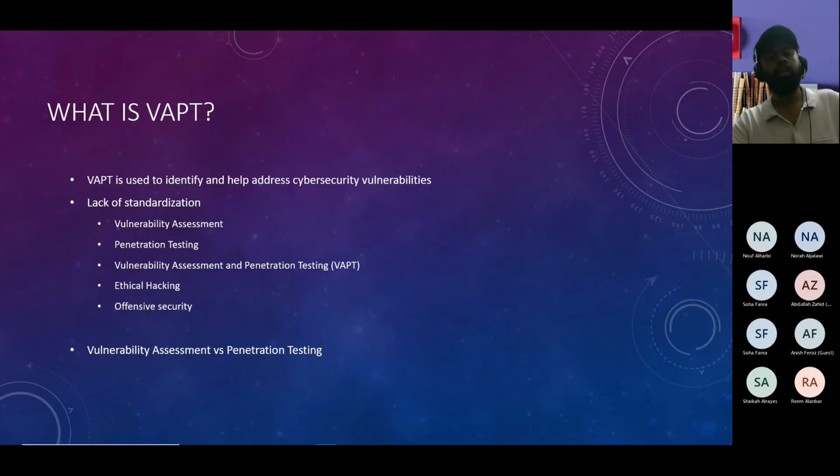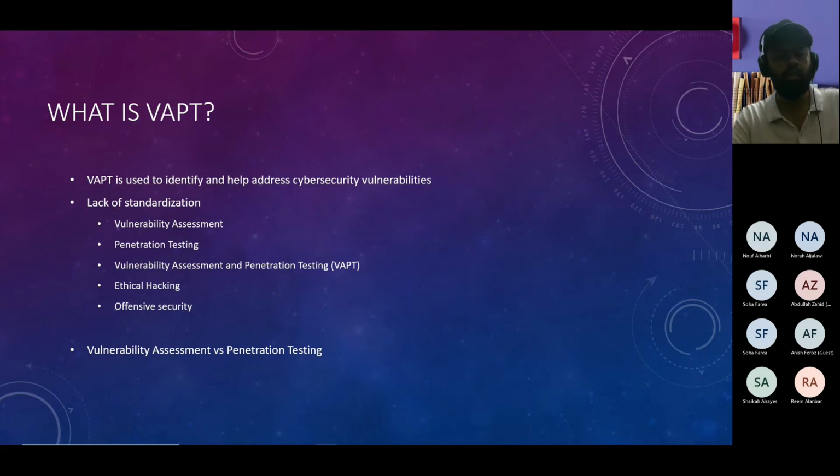Customers come to us, and someone says they need vulnerability assessment, someone says pen testing, someone says vulnerability assessment and penetration testing. Some call it ethical hacking, and some call it offensive security services. Even at this time, there is a lack of standardization in this area. That is why the same service is called by different names.